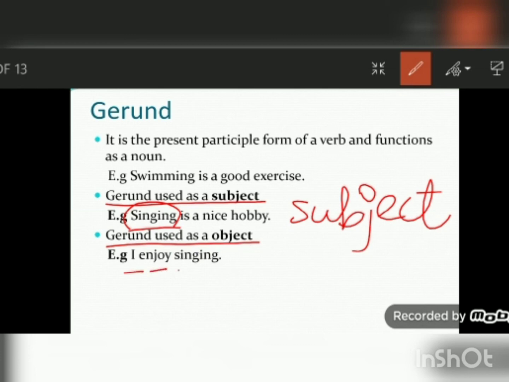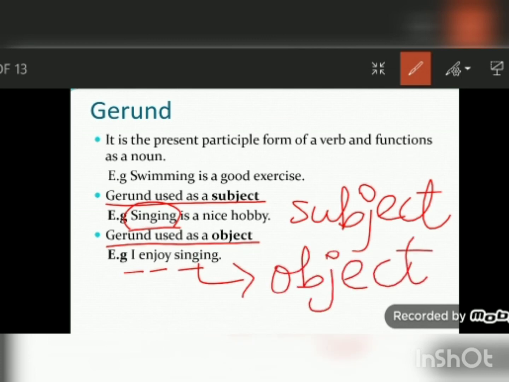I enjoy singing. So what do I enjoy? Singing. So singing here is used as object in a sentence. So in this way, gerund can be used as a subject and it can be used as an object. So this is all about finite and non-finite verbs.